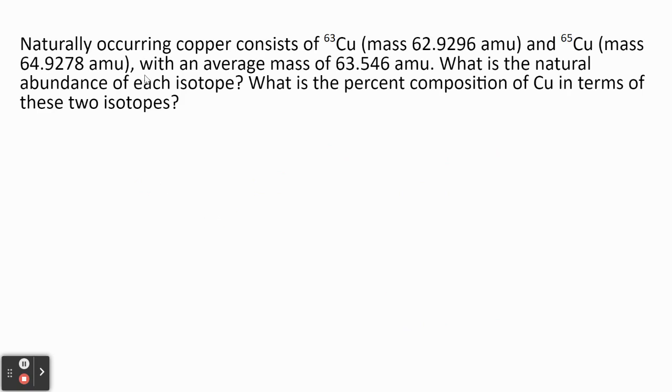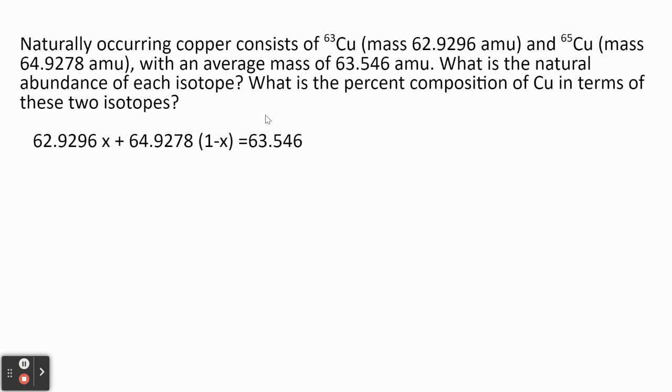Now, let's look at a different kind of question. It says naturally occurring copper consists of copper 63, and it gives us the AMU for the mass, and copper 65. It gives us the mass in AMUs. And this time it tells us what the weighted average is. We want to find out what the abundance of each of those isotopes are. So we're going to work the problem backwards.